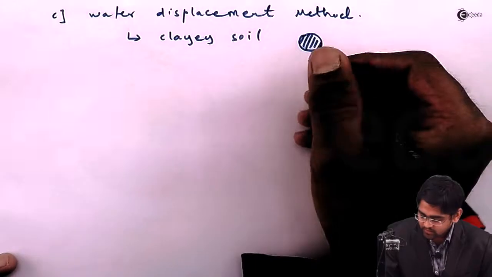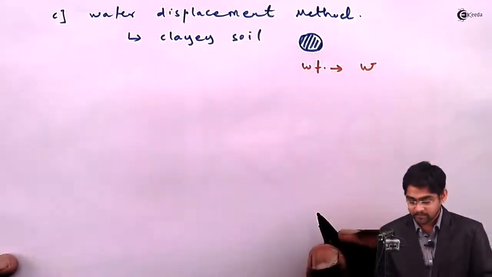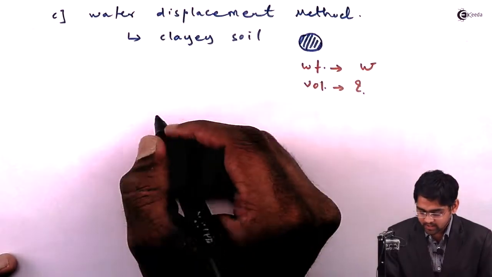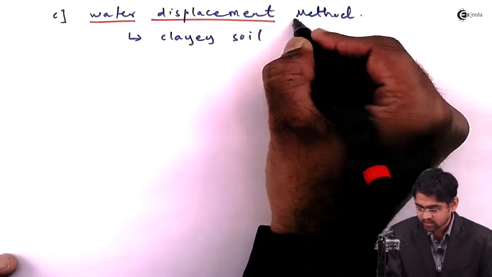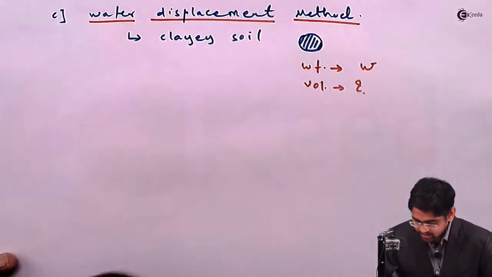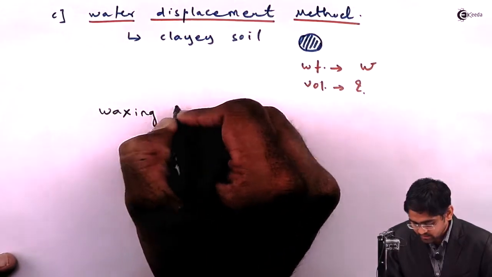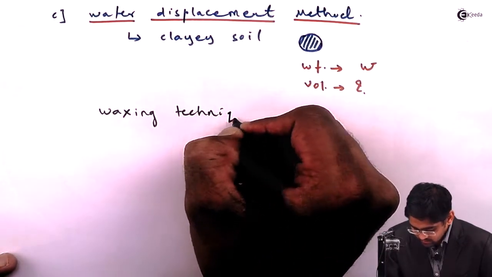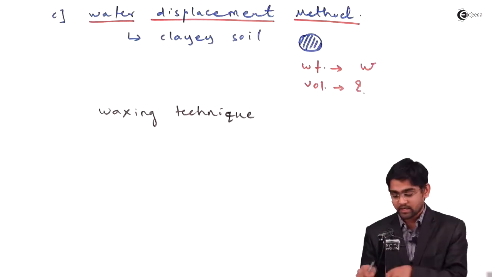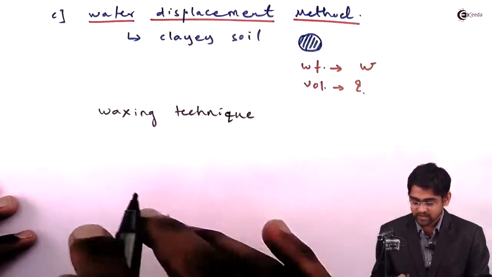So from this you will get the weight of the soil, but the volume of soil is determined by the water displacement method. How to measure its volume? It is measured by the waxing technique. As soon as we dip this soil inside water, the soil will absorb water, which has to be prevented.